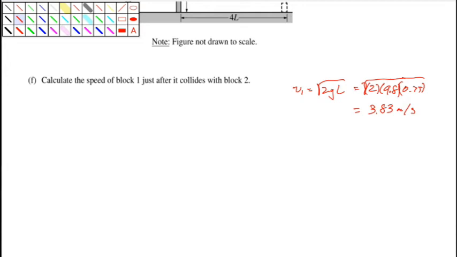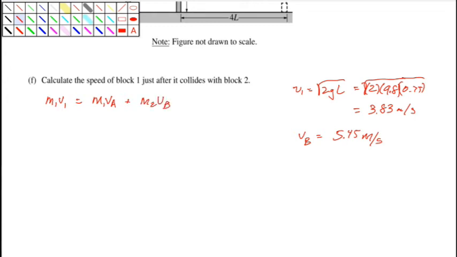And we remember that we'll call this VB, which is for block 2 its velocity, and we remember that that is 5.45 meters per second. So what we have is M1 V1 is going to be equal to M1 VA, and that's the velocity of block 1 after the collision that we don't know, plus M2 VB.